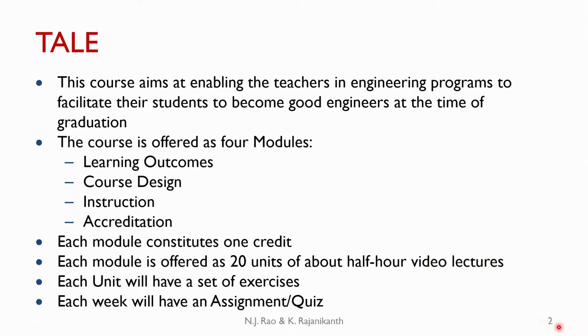Each module is also offered as 20 units of about half-hour video lectures. Each unit will have a set of exercises, and each week will have an assignment or a quiz. Of course, in the end all of you will be writing an examination which should lead to the award of a grade and certificate.